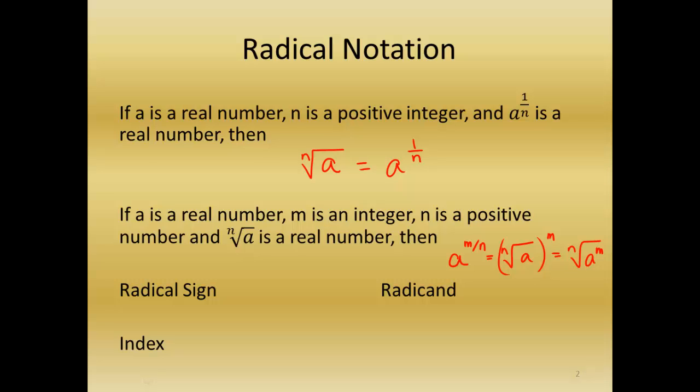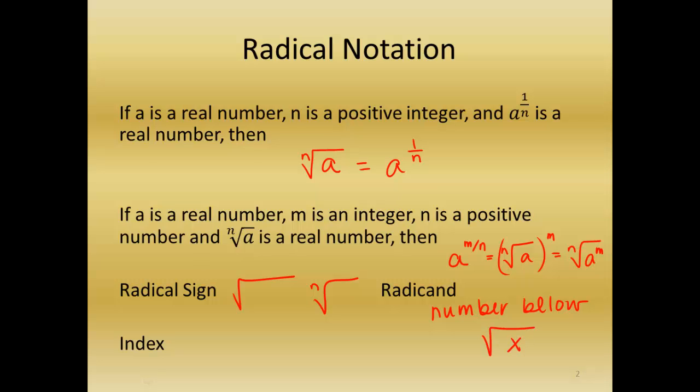I just want to also review a little bit of vocabulary with you. We have the radical sign, and our radical sign or the radical symbol is either this or the nth root. Okay? The radicand is the number underneath. So it's the number underneath.